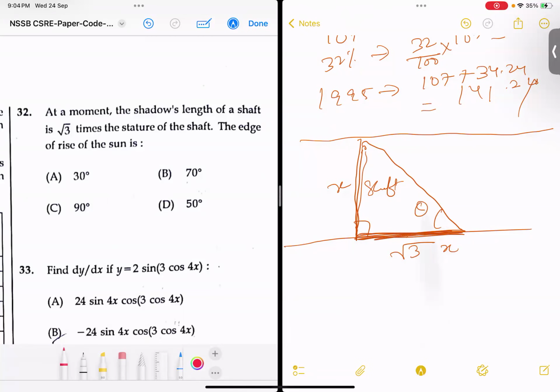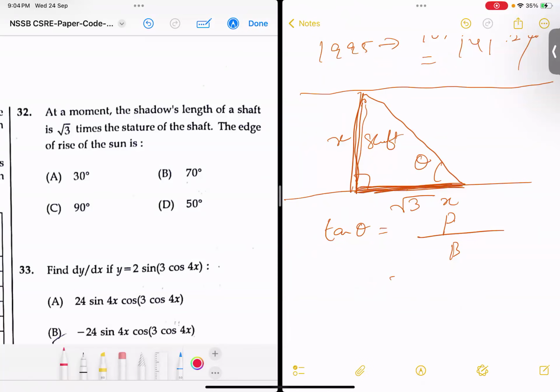Now let's consider this as theta. We just have to find this angle only, okay? So tan theta will be perpendicular by base, right? Which means it should be x by √3x.